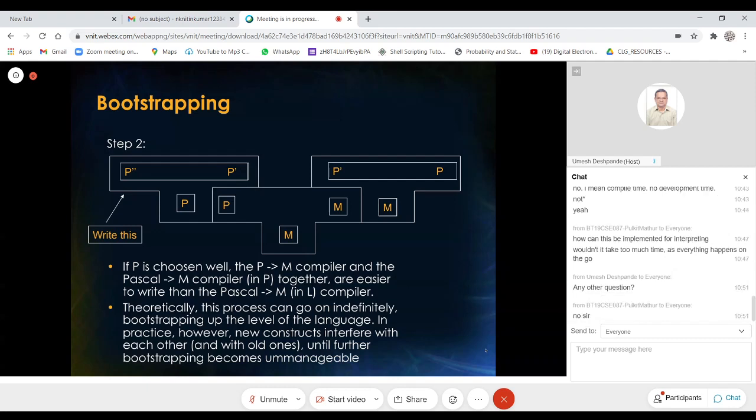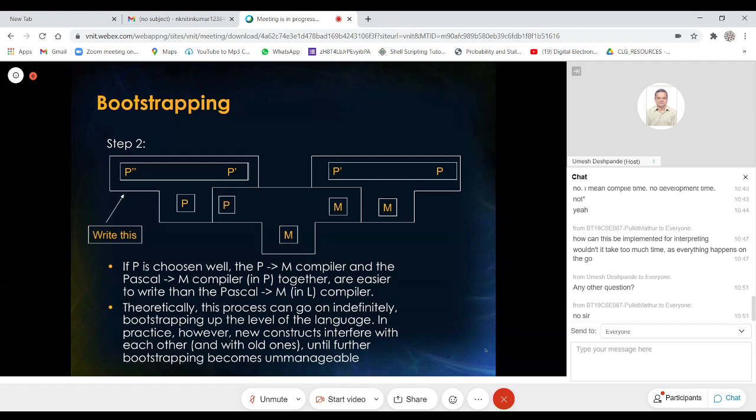Fine. So let me proceed ahead now. With this, what we have achieved is a translator of some high level language, and the executable version of the translator for the high level language for this machine M. Now let us say the hardware industry has come up with another processor M dash, which has its own machine language and assembly language instructions.